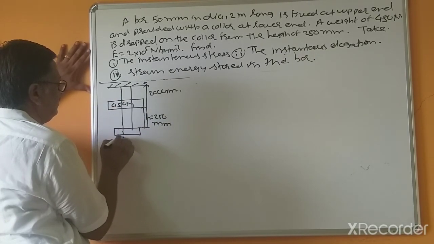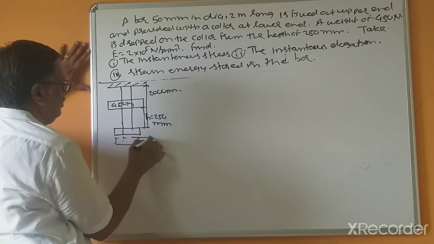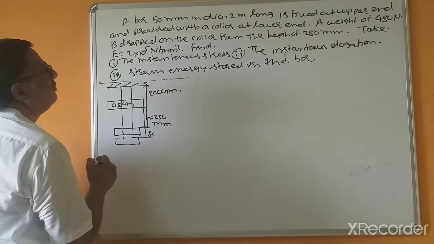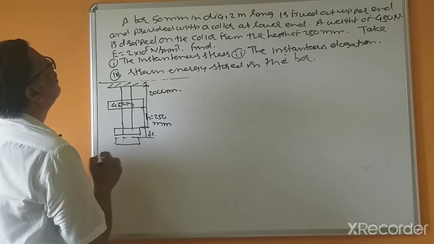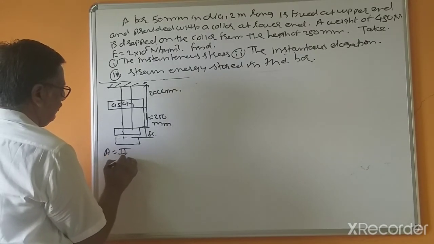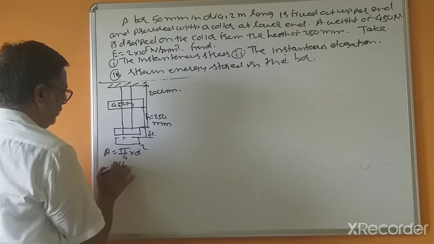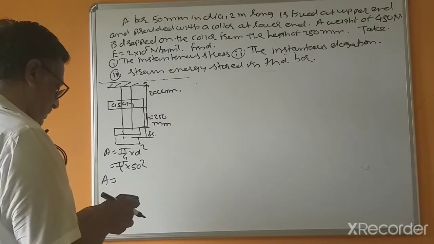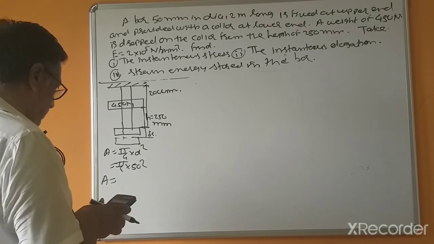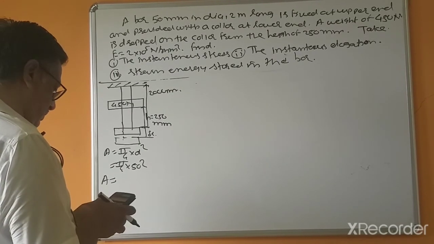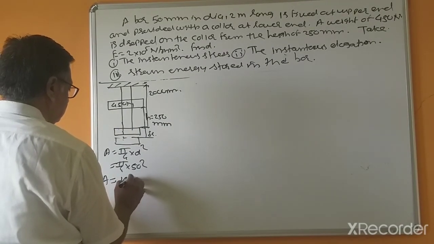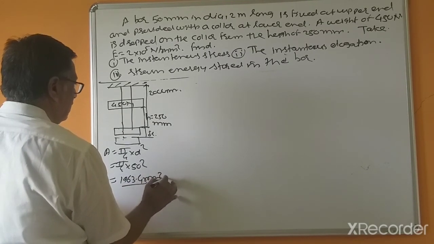This is elongations, delta L. First we will calculate area. Area equal to pi by 4 d squares. Area equal to 1963.5 mm squares.